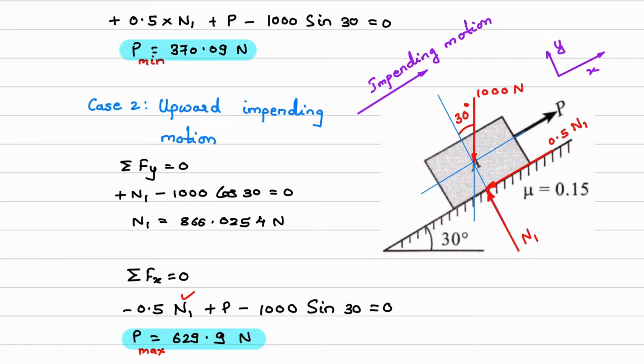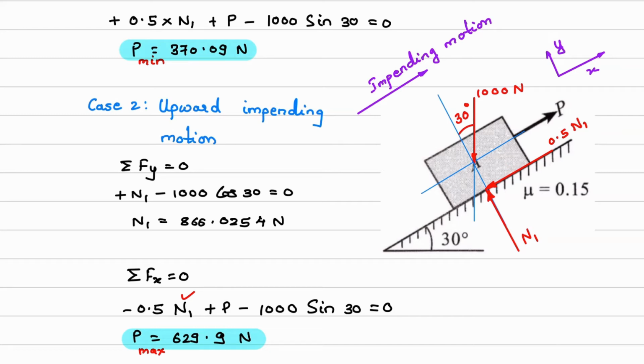So here a block has been given and it is placed on an inclined plane. Now if this value of P minimum is maintained over here, the block will not slide in the downward direction. And if this value of P is maintained, then the block will not move in the upward direction, meaning the block will remain in equilibrium.